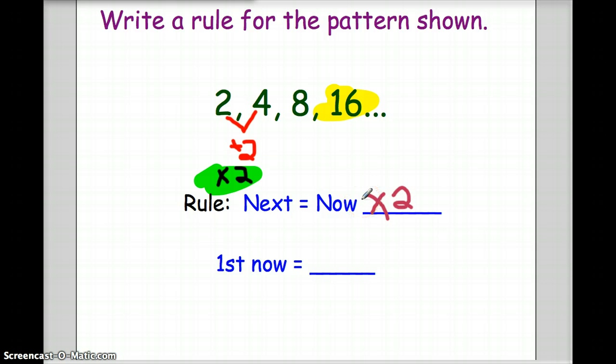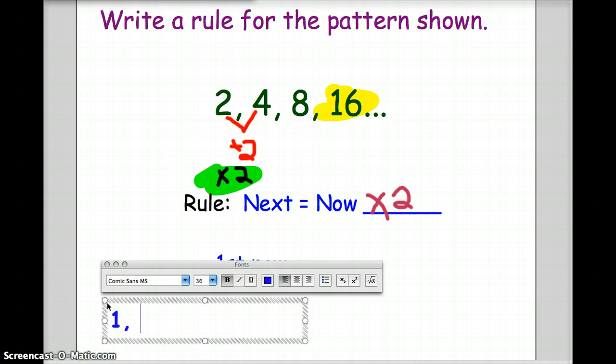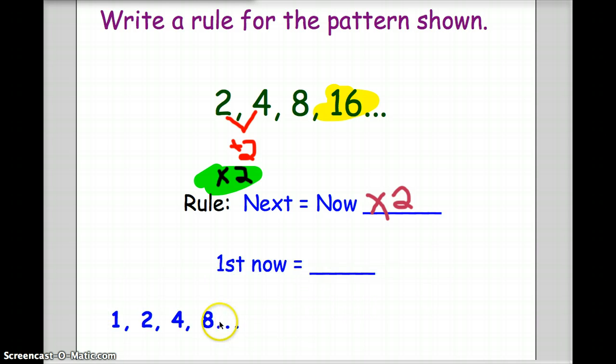But if I just say next equals now times 2, that doesn't give me enough information. For example, I could have the pattern 1, 2, 4, 8, and so on, and that would be taking the number we have now and multiplying by 2. But it's not the same pattern as what we have, because here I've started at 1 and my original pattern starts at 2. Same thing if I started with 3.